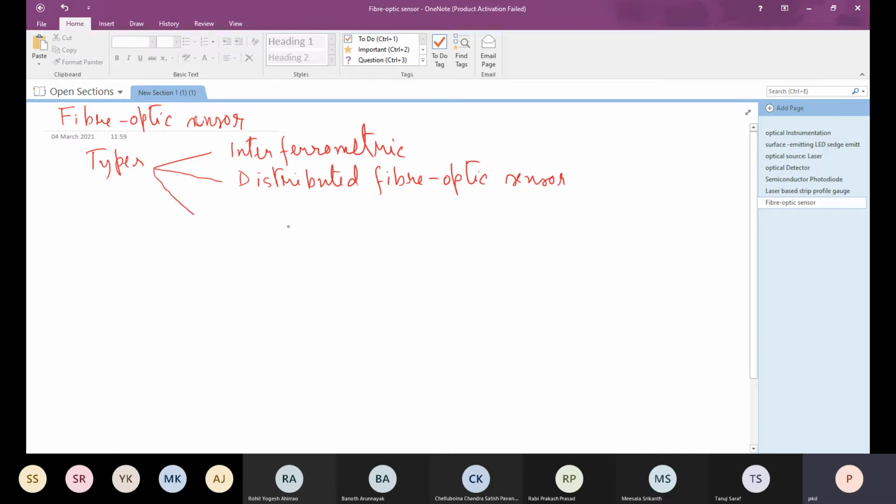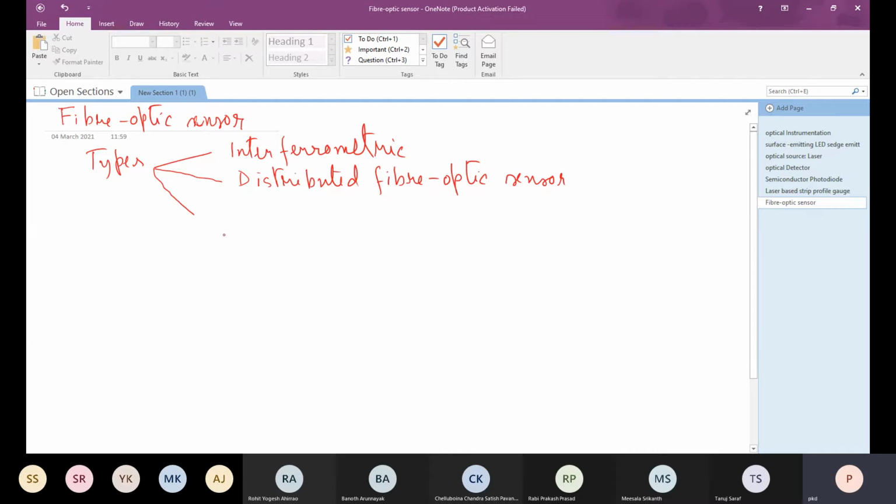Because the optical fiber itself is a sensor, and after coating it can be quite flexible, it can be laid down along the length of a bridge or around the rooms of various buildings. So it can monitor various parameters. One important parameter is temperature. Another could be stress or strain, which is distributed over length or space.